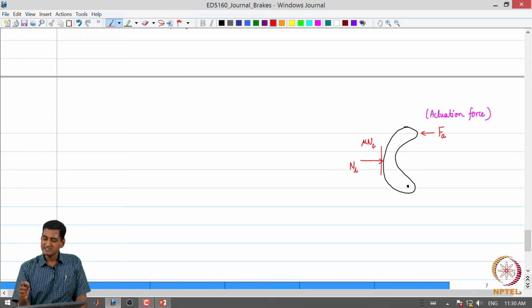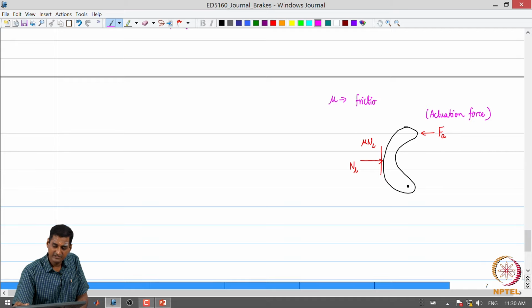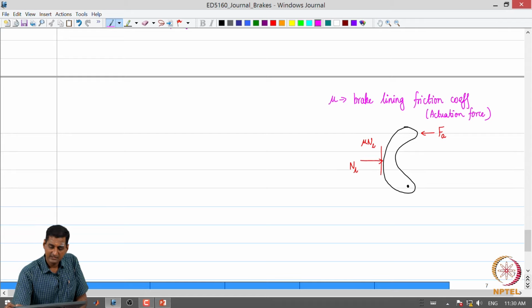So, this mu times N_L, where this mu is the brake lining friction coefficient, is the brake force that acts on the shoe.